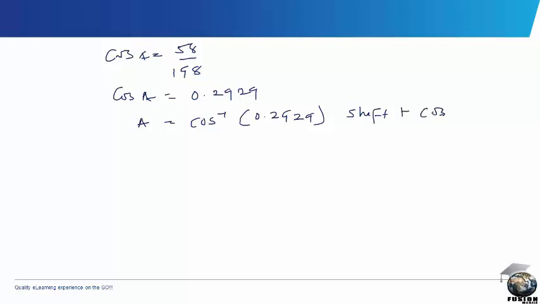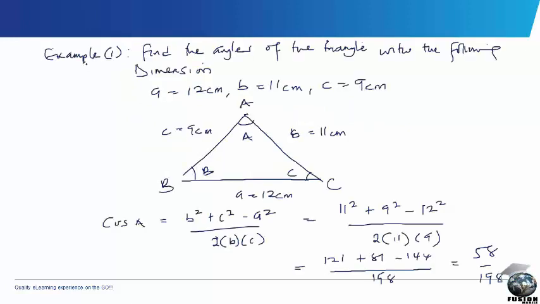Then you have A equal to 72.97 degrees, which is approximately 73 degrees. And so we are saying that angle A is 73 degrees.